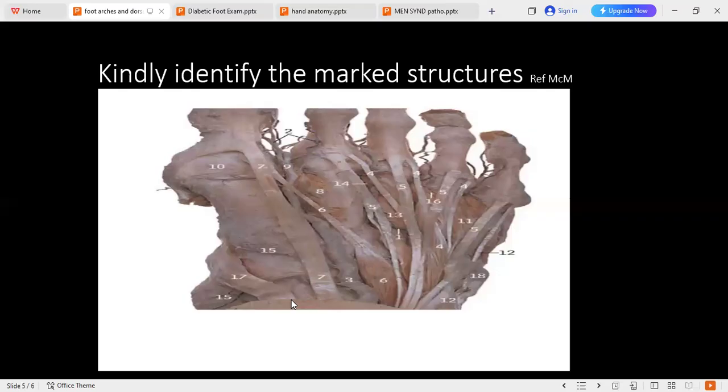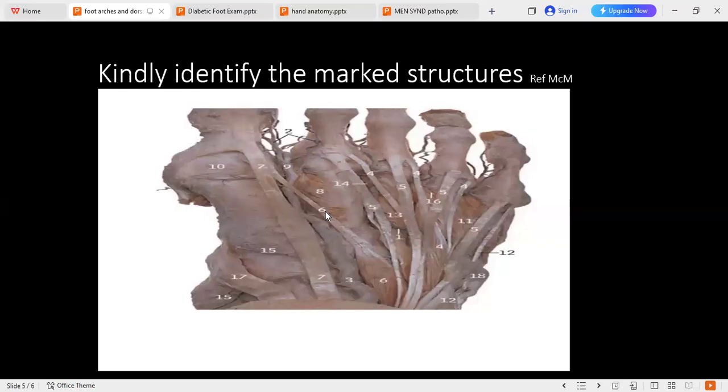Please identify 17. This is anterior tibialis. Please identify 7. 7 is extensor hallucis longus. If you could identify 6, please.